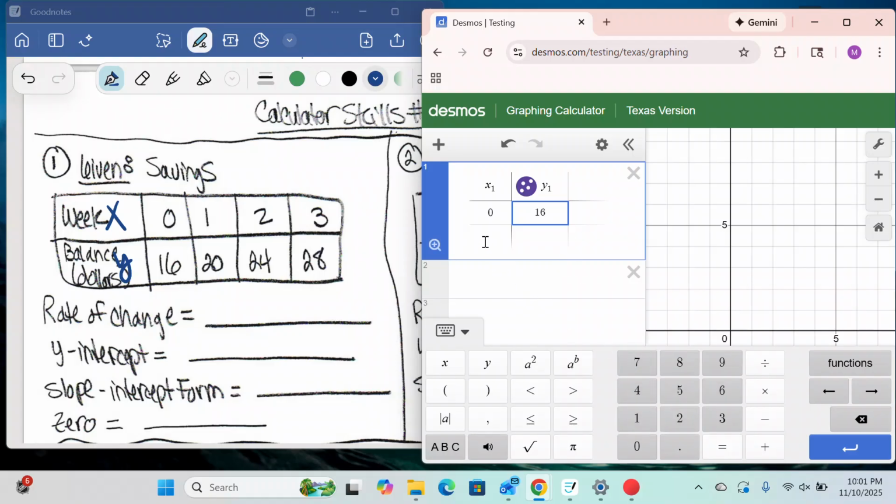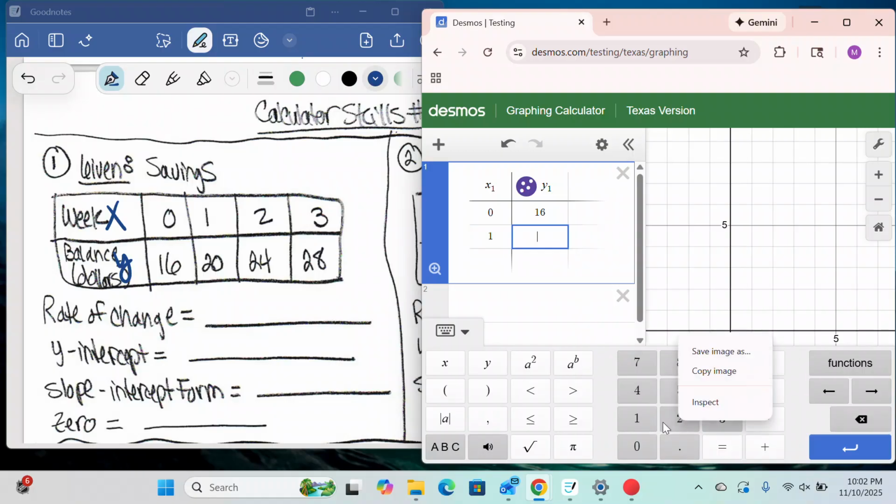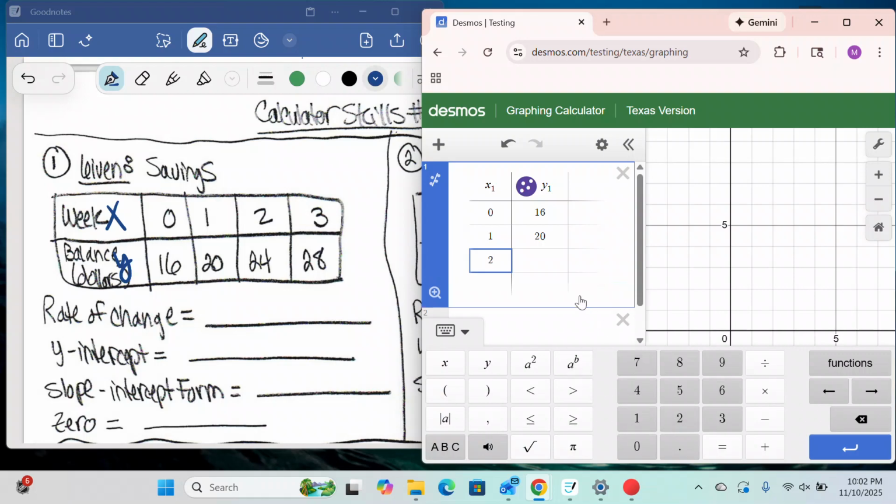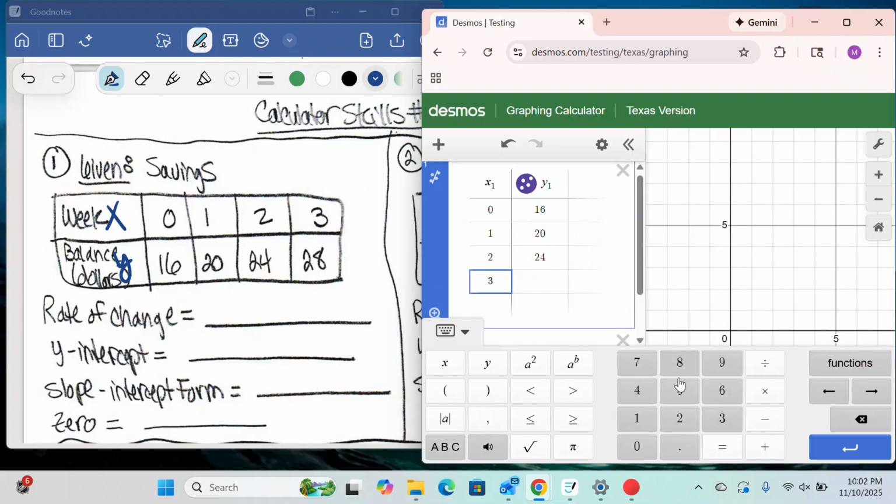When x is 1, y is 20. Forgot to click. When x is 2, y is 24. And when x is 3, y is 28.